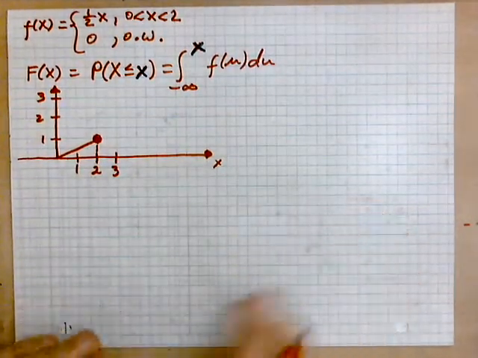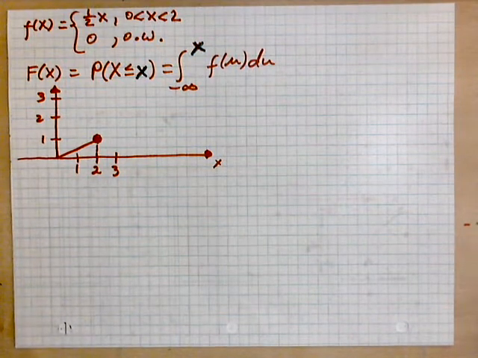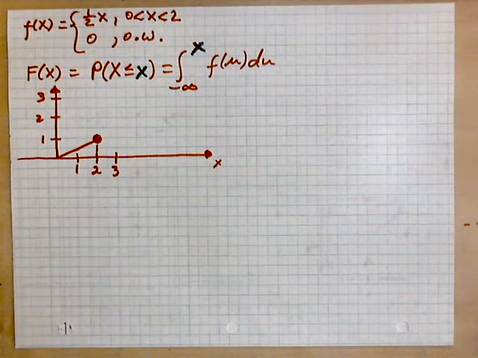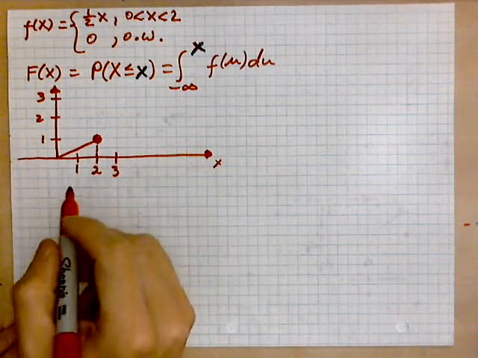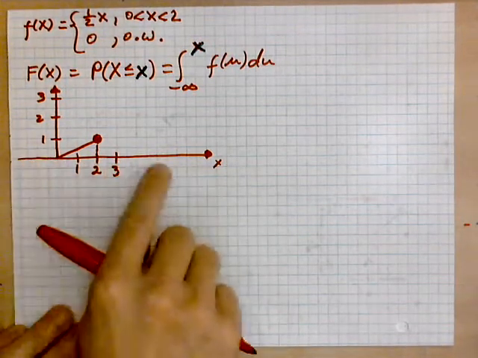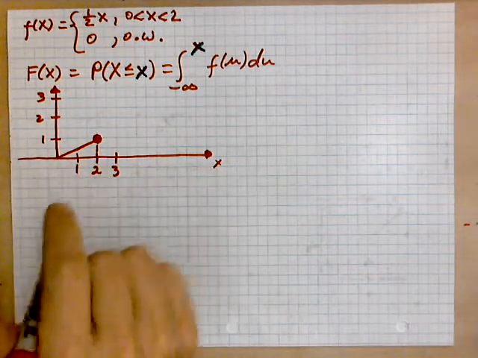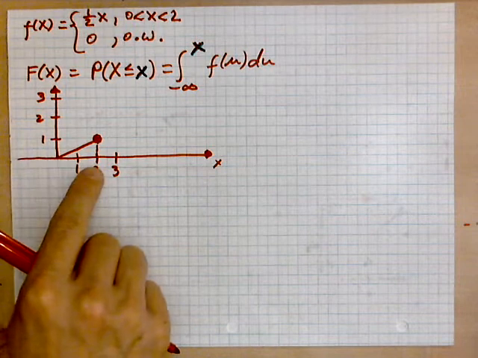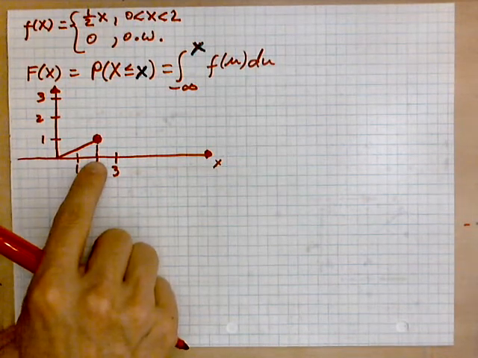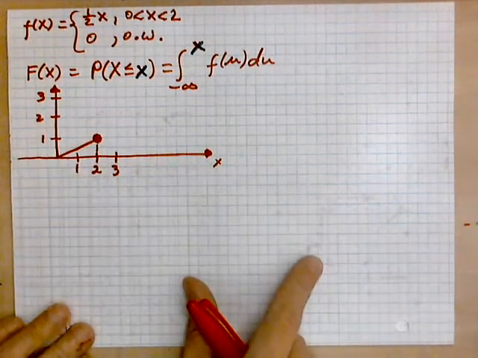So now the question is, what do we do from here? Well, we've got to accumulate the area under the curve. So the first step is to break the regions of integration into 3 pieces: everything to the left of 0, between 0 and 2, and then from 2 up to positive infinity.